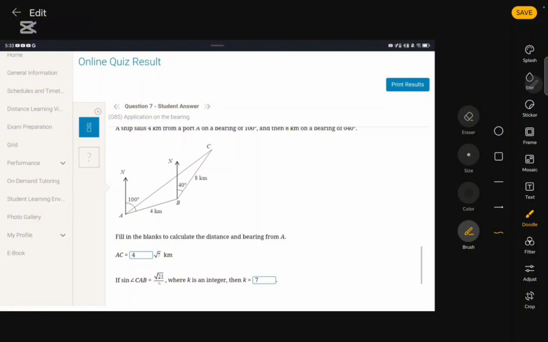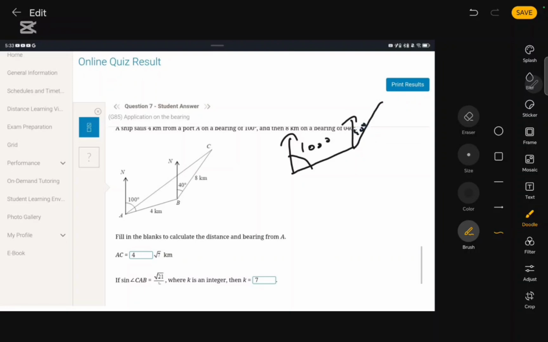Okay, for this one, it's extremely simple. So first of all, we know that side AN and side NB are parallel to each other. So right here, these are parallel to each other. So imagine it like this. We know all of this is 100, and we know that the rest is 40.